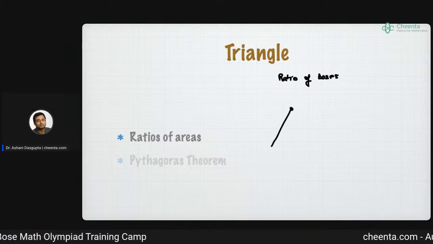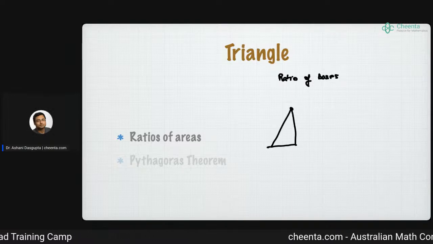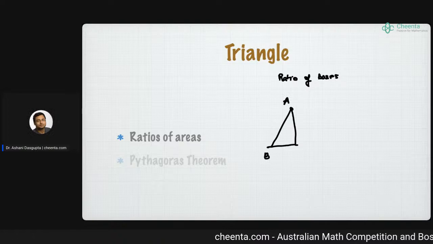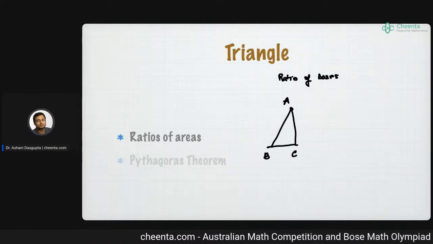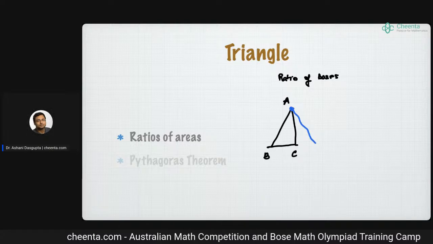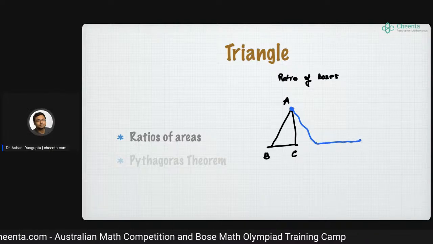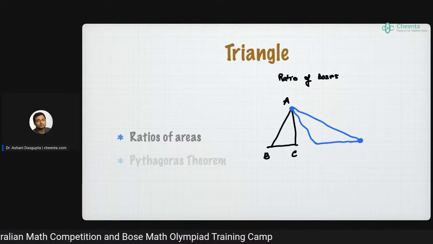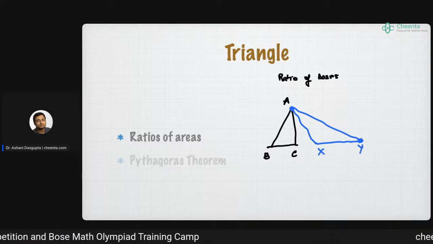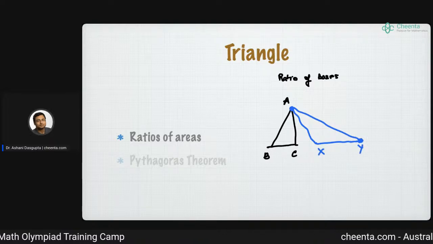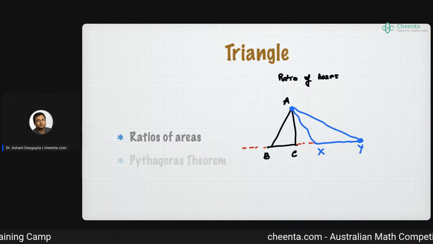So you have a triangle ABC, and suppose another triangle shares the same vertex and the base is on the same line. This is a typical scenario. The bases of the two triangles are on the same line. This line is L.